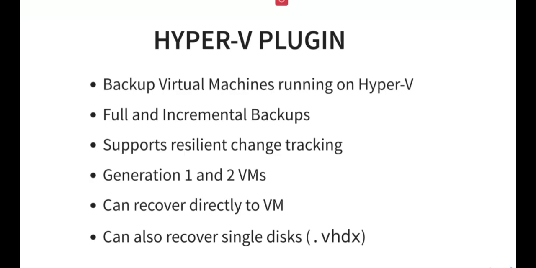It can back up both generation 1 and 2 virtual machines. It can back up disks in the VHD and VHDX format. And it can recover just the disks if required, and it can also directly recreate a complete virtual machine if desired.